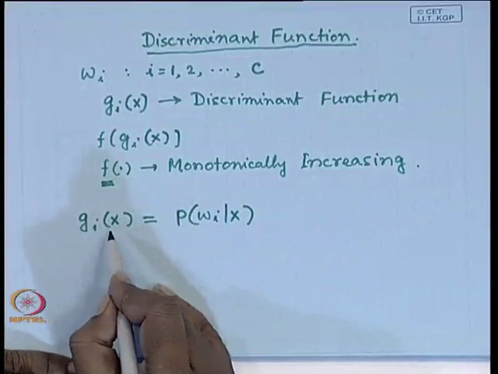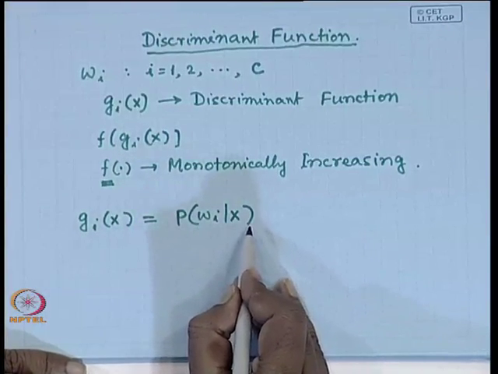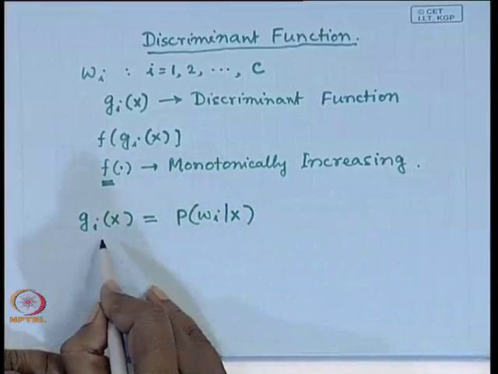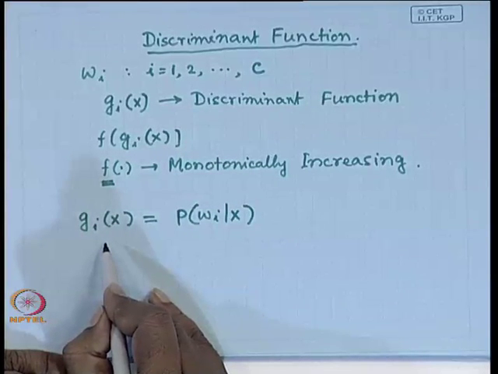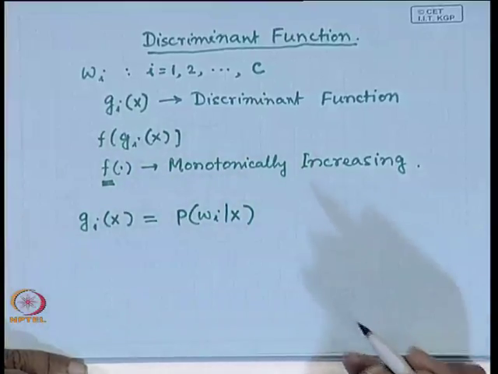So, I have to put this x into the class omega i for which p of omega i given x is maximum. So, this itself I can take as my discriminant function g i of x. And then we said that logarithm is a monotonically increasing function.